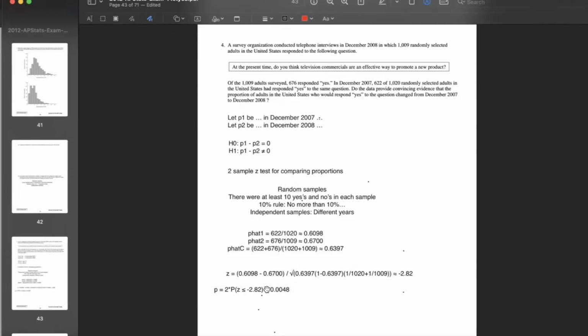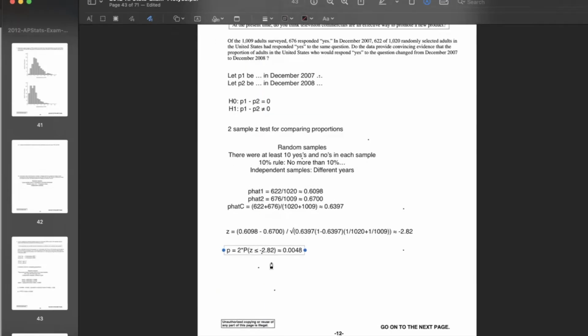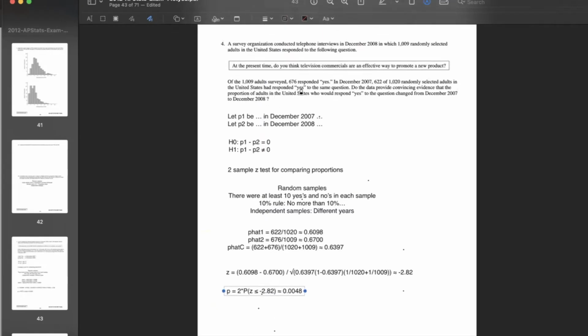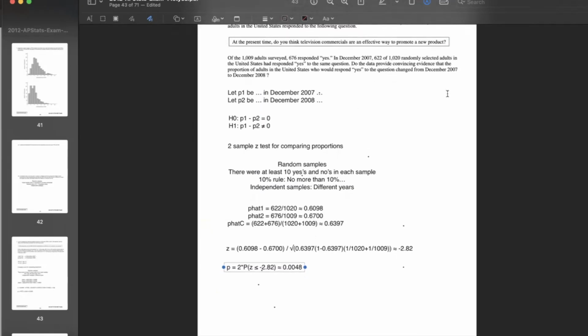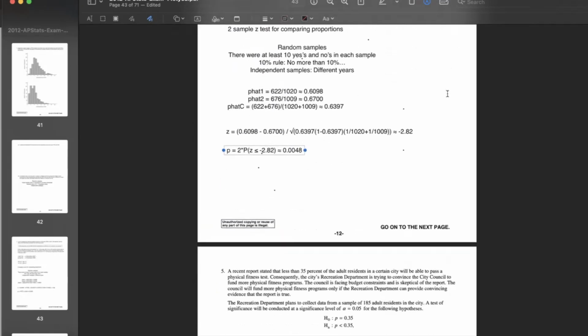All right, and then state the conclusion. I'm not going to write it out, but since this is less than any common significance level, such as 0.05, we reject the null hypothesis, and then make sure to specify the conclusion. So we have statistically convincing evidence that the proportion of all adults who would respond yes has changed from December 2007 to December 2008.